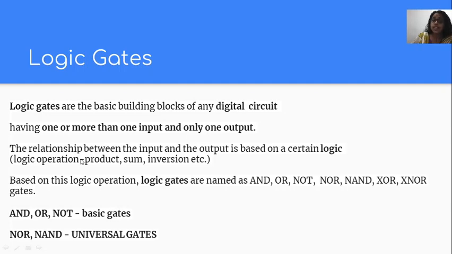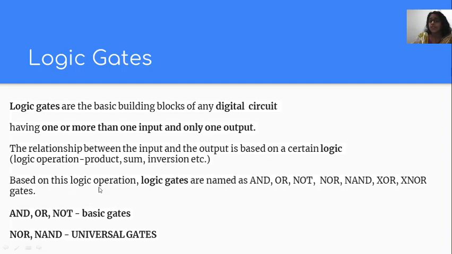The relationship between the input and output of a logic gate is based on certain logic. And these logics are represented by some logic operations of product, sum, inversion, etc.